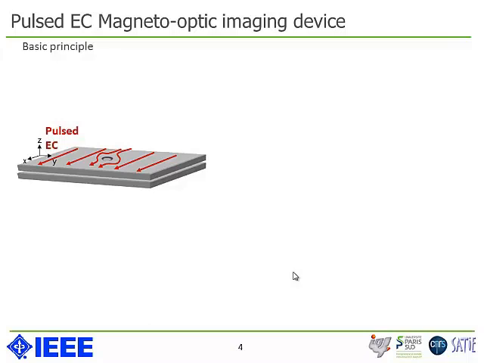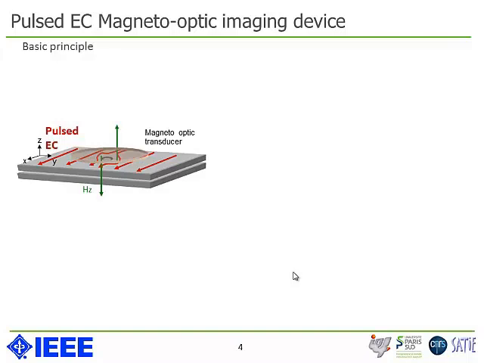First of all, it is able to induce pulsed eddy currents in the structure under test, and these currents are also of adjustable orientation. As you can see on this picture, when a defect is present in the structure, the eddy current flow will be modified, resulting in the apparition of a new magnetic component, which has to be imaged in the vicinity of the defect.